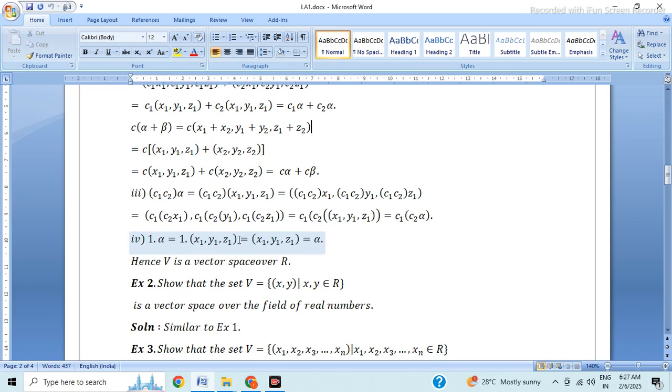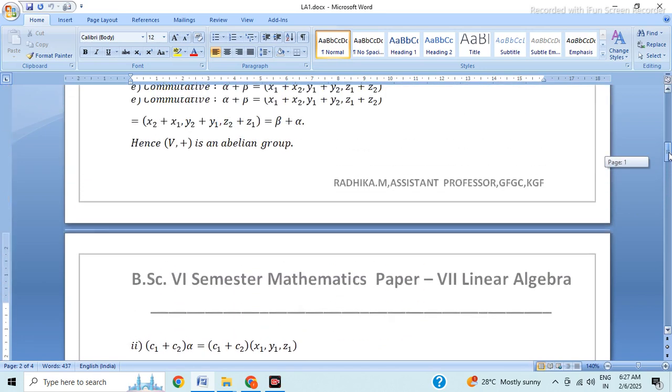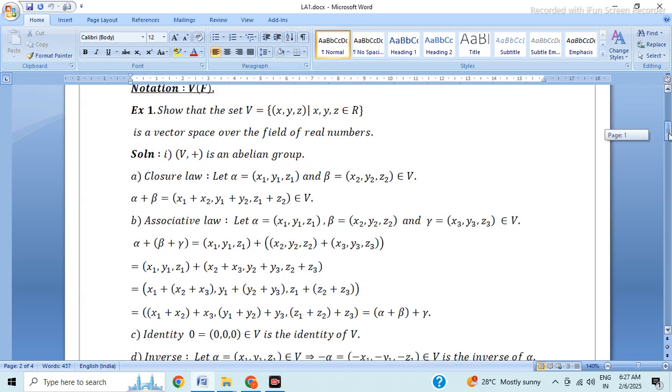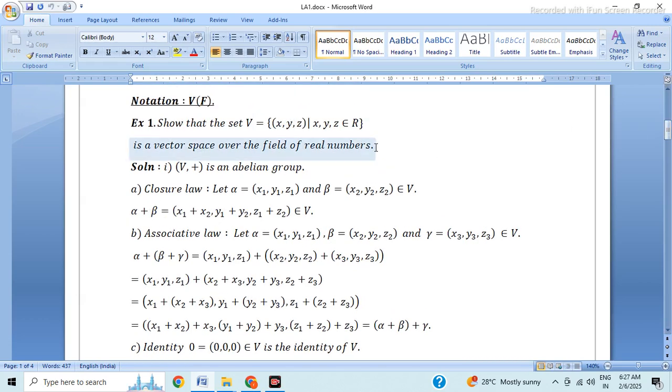We will just revise it, not all the steps. What steps have we seen? First, what is given and what we have to prove: V is a vector space over the field of real numbers. If you remember the definition, I think all of you will be able to prove these problems. These types of problems will be asked for 5 marks. First we should show it is an abelian group.